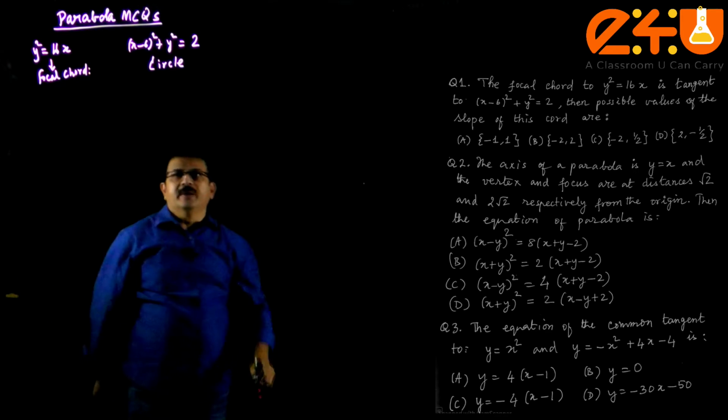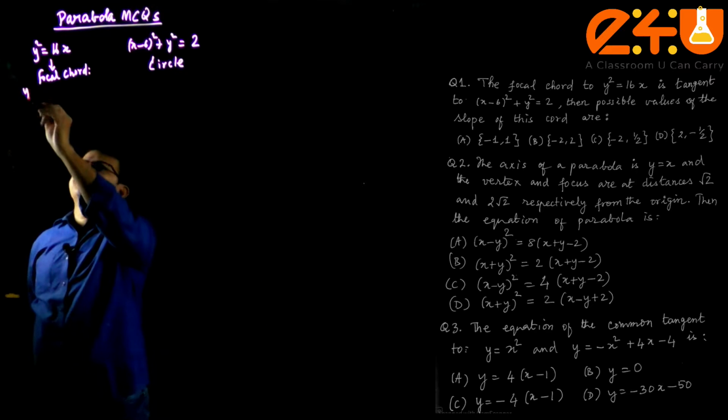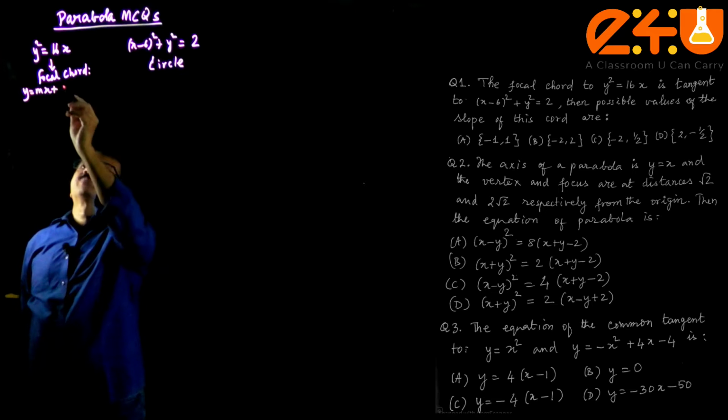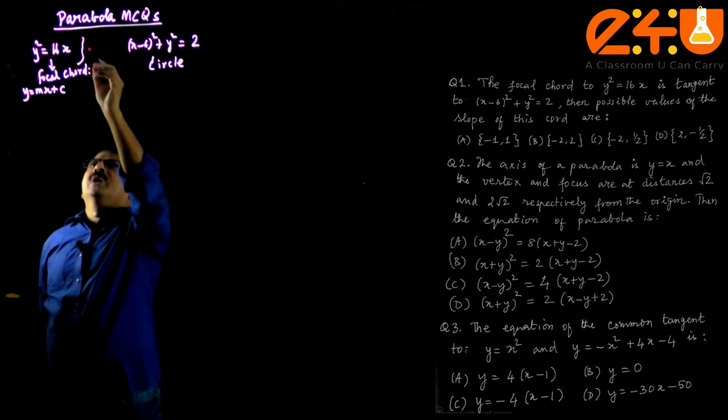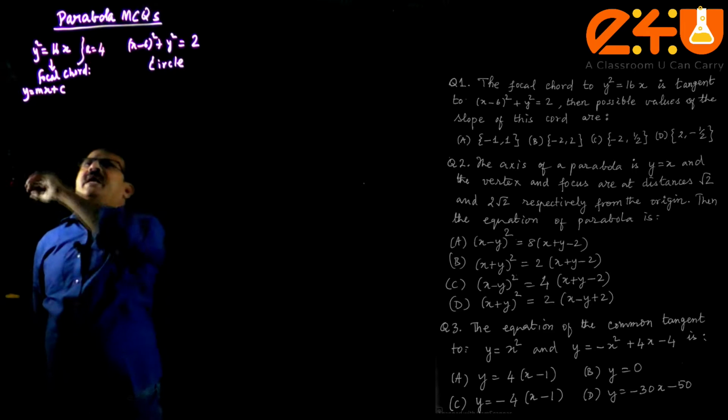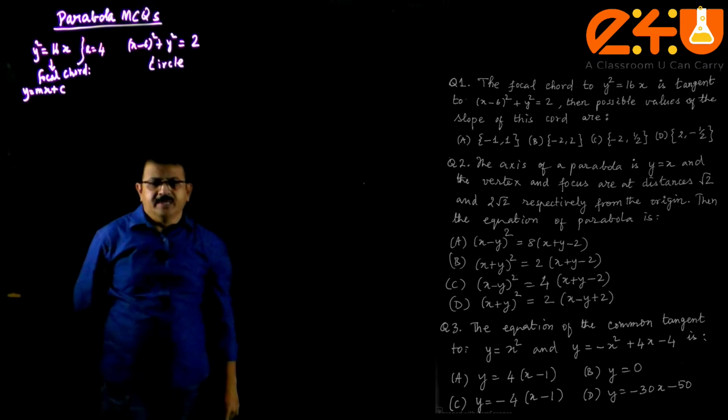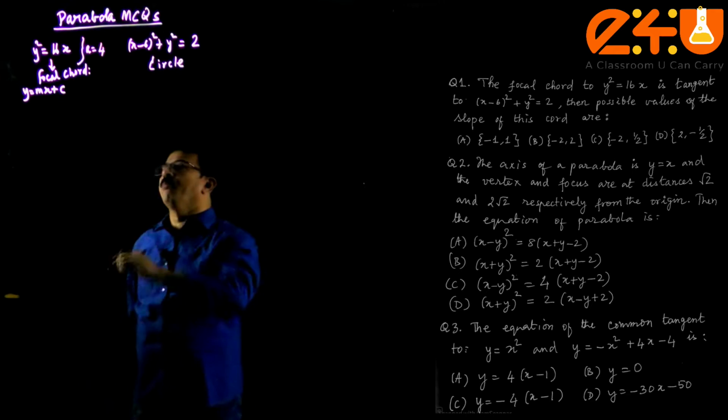So, we are discussing the focal chord. Let us assume the straight line y equal to mx plus c to be the focal chord. From the equation of parabola, we get 4a equal to 16, in other words, a equal to 4.